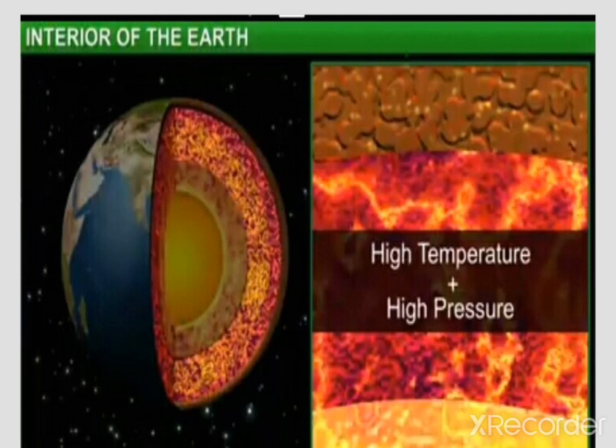In this layer, high temperature and high pressure are located. Because of that, the structure and the density of the material in this layer are always changing. There is a sudden change in the structure and density of the material due to high temperature and high pressure.